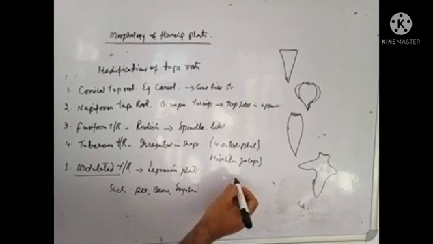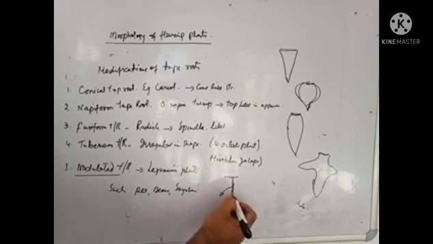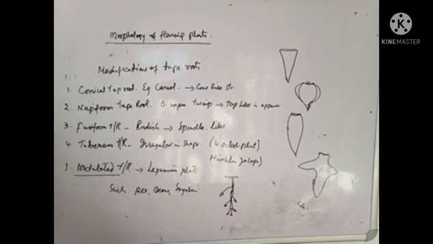We'll draw its structure like this. Nodules are present at the tips of these roots. These nodulated roots possess some spherical swellings at the tips, which are called nodules, and these nodules contain bacteria which help in nitrogen fixation.